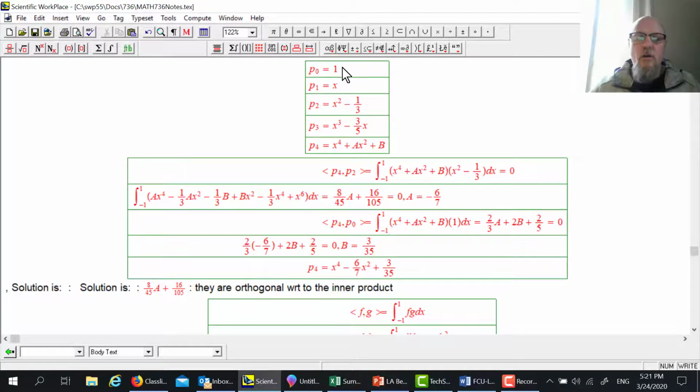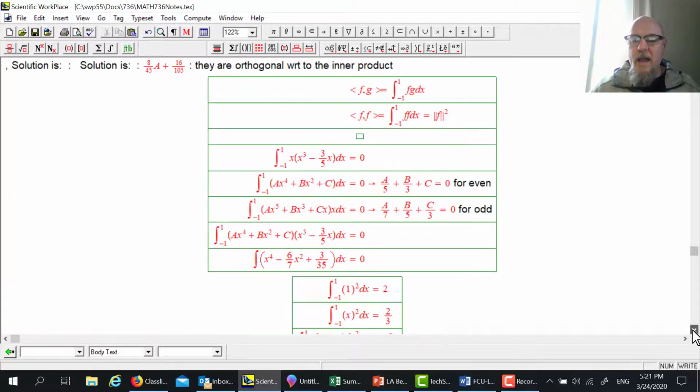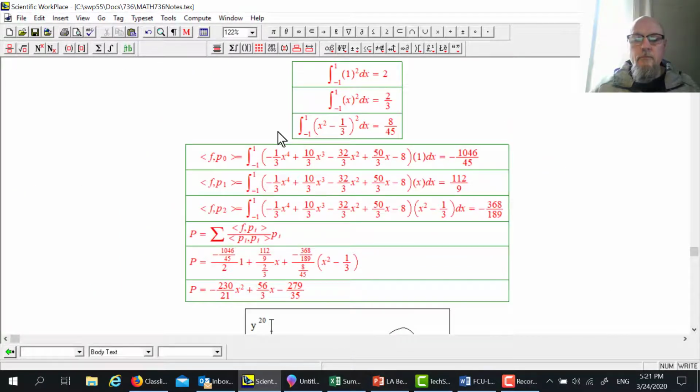P naught has constants, P1 has x's, P2 has x squared. So I'm only going to go up to x squared to get a parabola. And now I have f, our function, dot product against each one of these P's. Okay, that's these top pieces here.